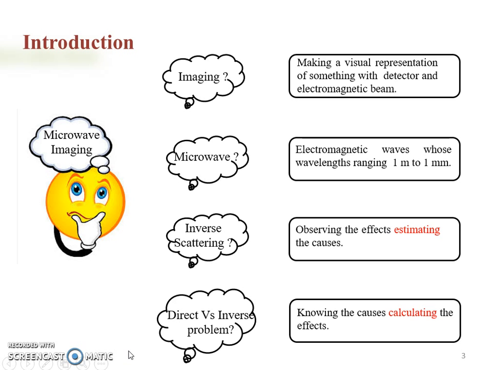Inverse scattering is the scenario where you observe some effects and try to estimate the causes of those effects. Conversely, in the direct problem, you know the model and you calculate the effect. So these are the direct problems. We'll discuss these terms in detail as the course proceeds.